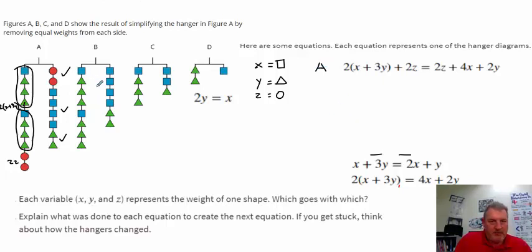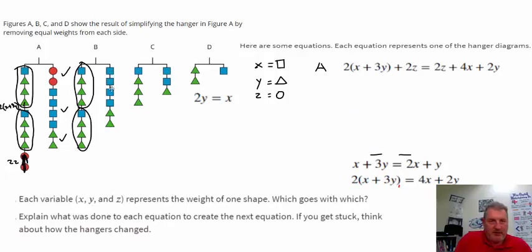So let's look at B. B, it looks like all they did was remove the 2 circles, right? From this side, it looks like they removed the 2 circles, and then we're just left with the 2 groups. The 2 groups, so yeah, this is the 2 groups of a square plus 3 triangles.